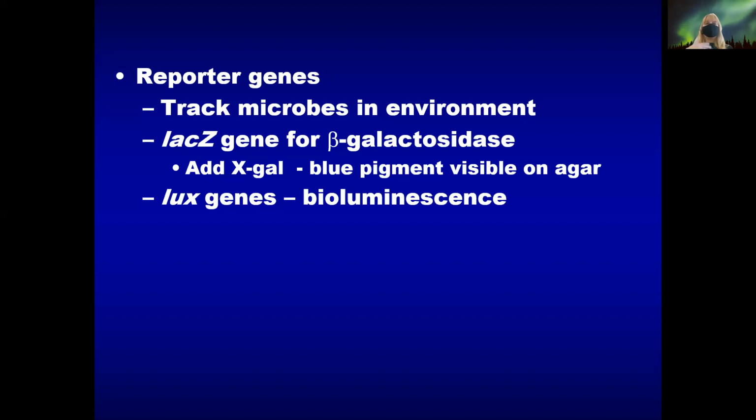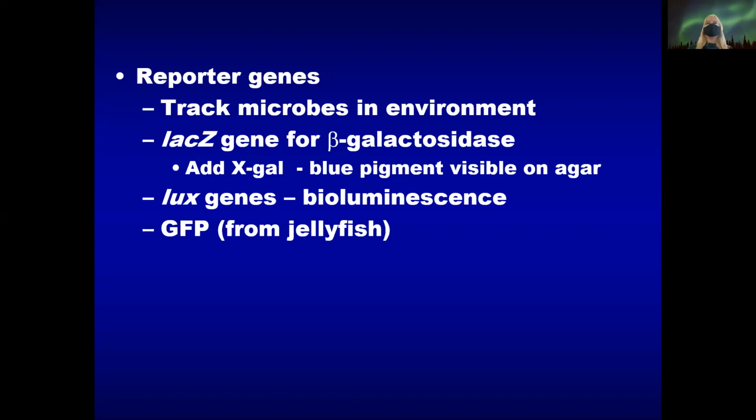So I would go periodically and take samples, and then in the lab look for either the blue pigment with X-gal or bioluminescence, and that would tell me, yep, my microbe is still in the soil, I can detect it. It's a nice, relatively simple way.